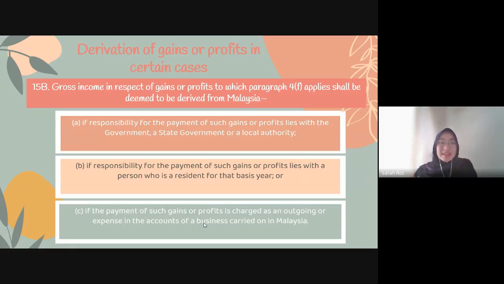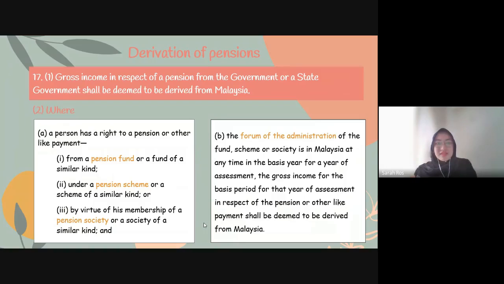This section states that the gross income in respect of gains or profits to which paragraph 4F applies shall be deemed to be derived from Malaysia if the responsibility for payment lies with the government, state government or local authority, and also if the responsibility for the payment lies with a person who is a resident for that basis year, and if the payment of such gain or profit is charged as outgoing or expenses for a business carried on in Malaysia.